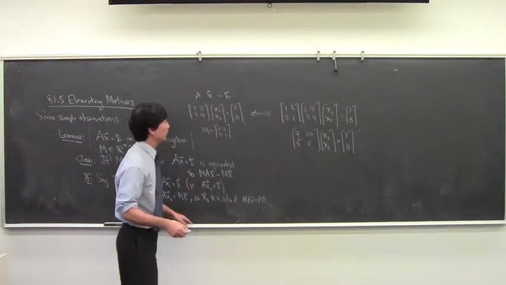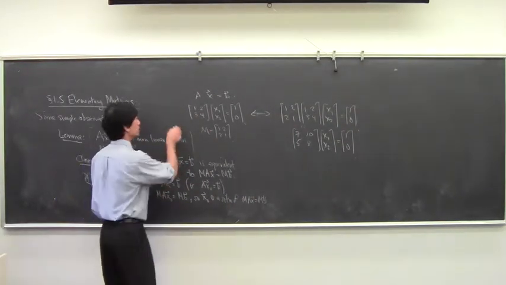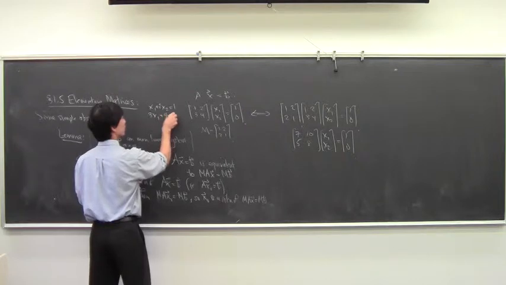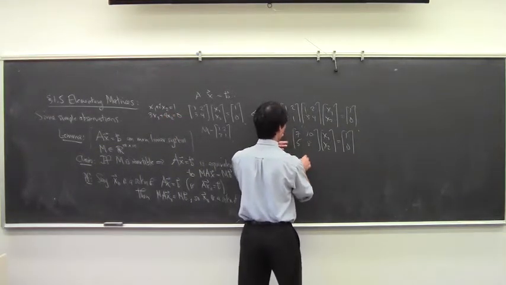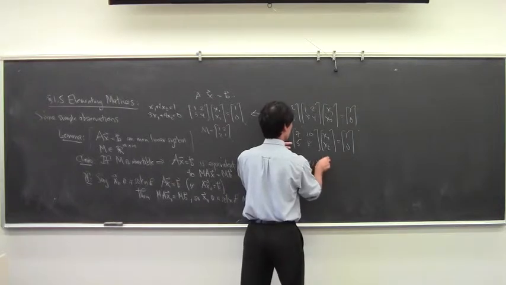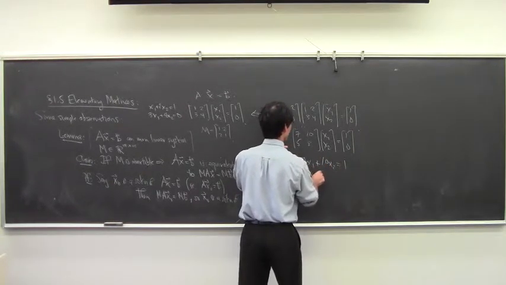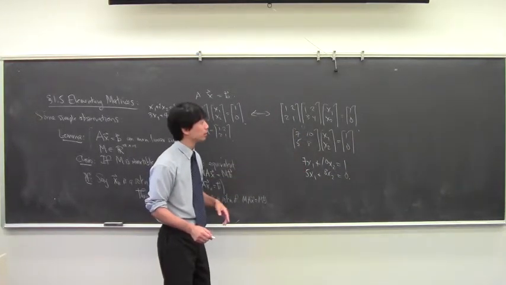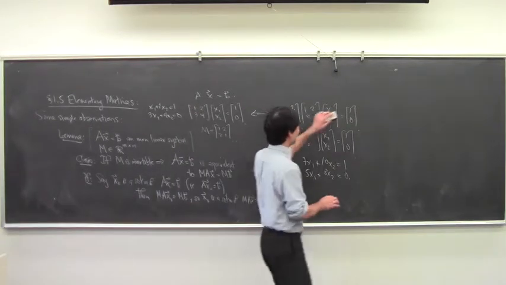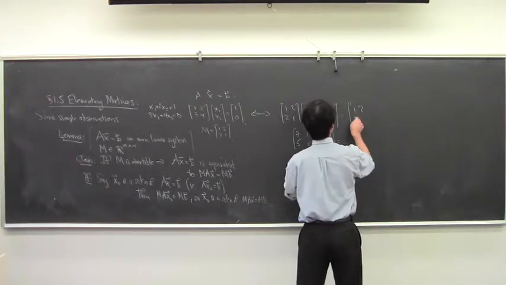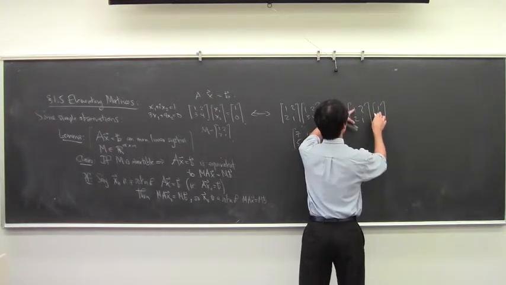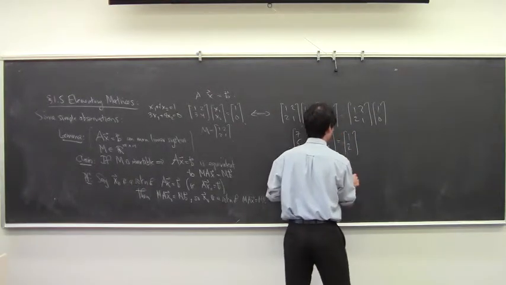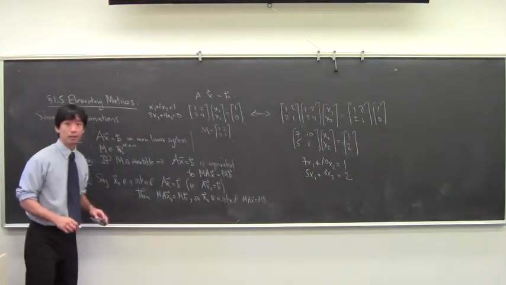So what this theorem says is that the system x1 plus 2x2 equals 1, 3x1 plus 4x2 equals 0 has exactly the same solution set as this one. Sorry, my mistake. I should have gotten 1, 2. Thank you. Okay, that makes sense.